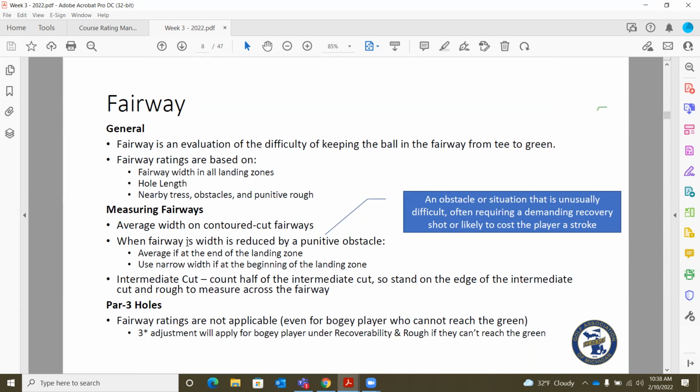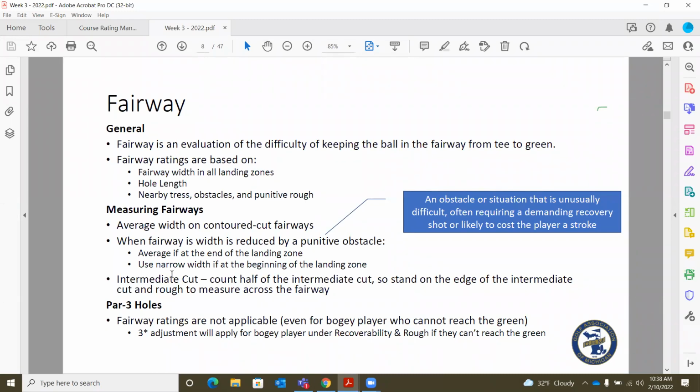And then here's something that I don't probably do right, but it is in the book, and I think it's just a good reminder of reading and the importance of that. When the fairway is reduced by a punitive obstacle, and again, the definition of punitive is an obstacle or situation that is unusually difficult, often requiring a demanding recovery shot or likely to cost the player a stroke.